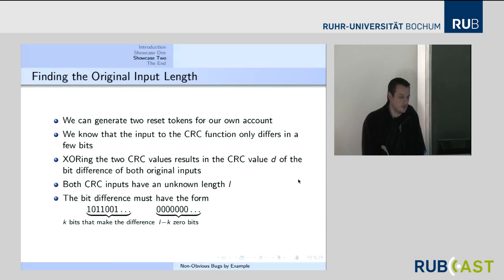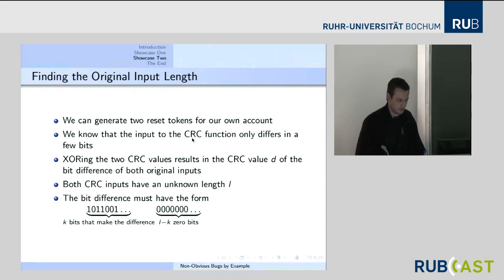So how can we determine the length of some CRC input? Well, that's not trivial. But this approach works. We can generate 2 tokens for our own account. And those tokens we receive via email, and that's not a problem. Then we can use our tables to find the CRC values that were used to initialize the generator when it generated our tokens.